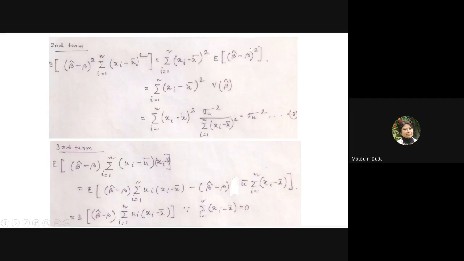Now, expectation of (beta hat minus beta) whole square, is it variance of beta hat? Everybody? Yes. Yash, is it variance of beta hat? Yes, ma'am.